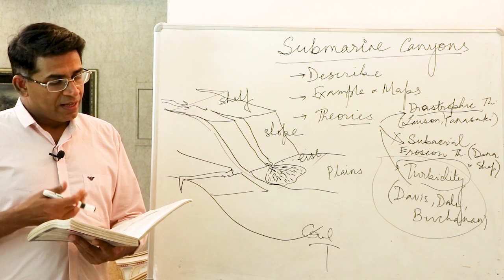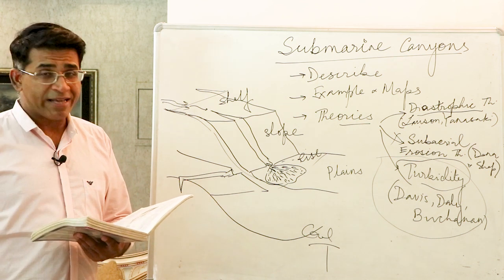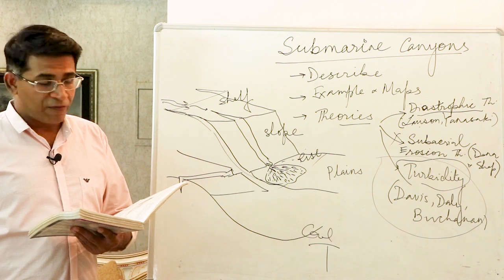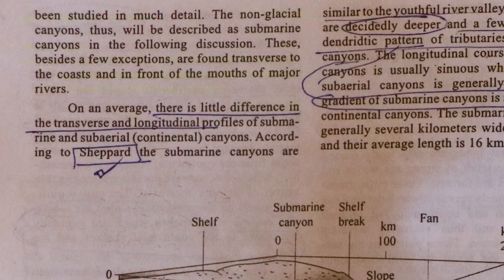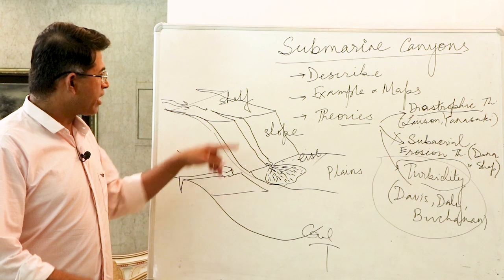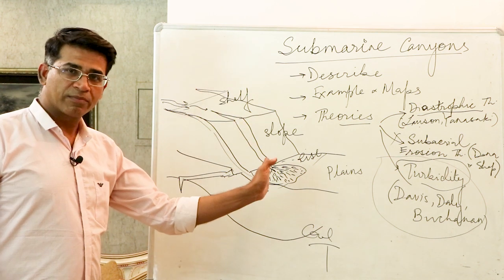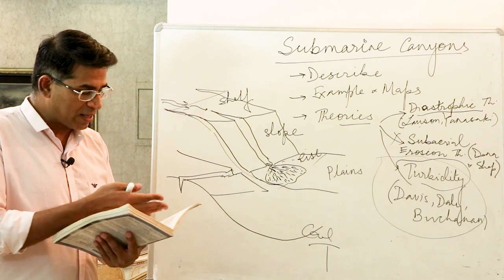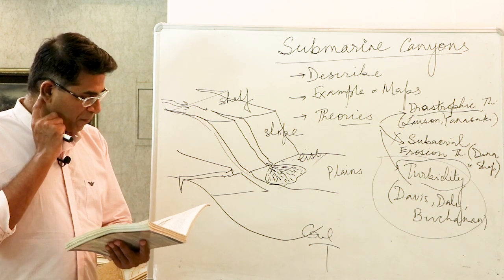Then we have a small discussion on page 66. The first paragraph says, on average, there's little difference between the transverse and the longitudinal profile of submarine canyons. So if you take a cross section like this and like this, Shepard talks about that. You can look this up, not an issue here.